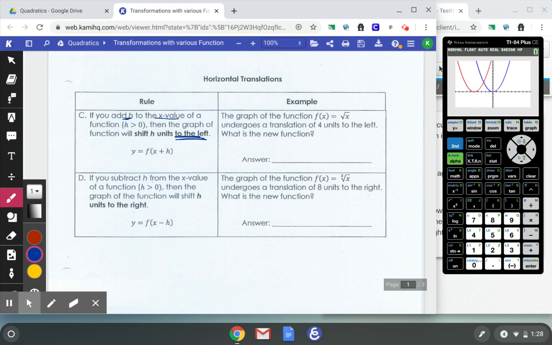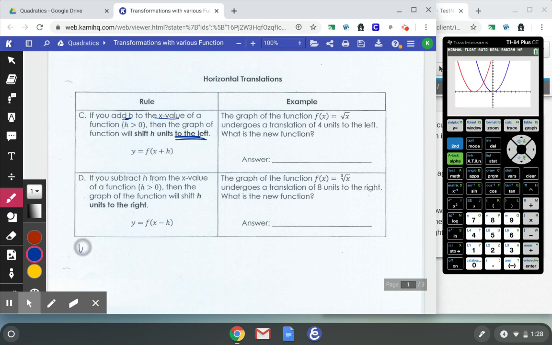Think about when we were solving quadratics. Our quadratic equation, the parent function x squared, starts at 0, 0. So if I take my x value and I'm adding 5 to it, I want to know what's going to bring me back to 0.